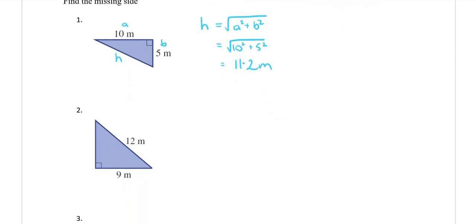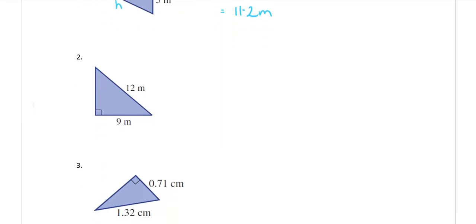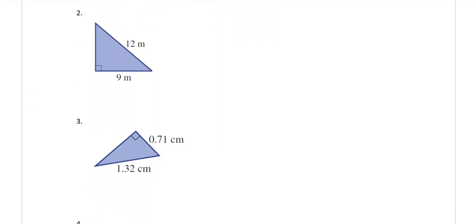Question 2, finding the missing side again. This time when we look at our right angle, we are missing one of the sides next to the right angle. That means that is one of the shorter sides, which we call a. The shorter side formula is a equals the square root of h squared minus b squared. h is the longest side, which will be the 12, and the b will be the other side.